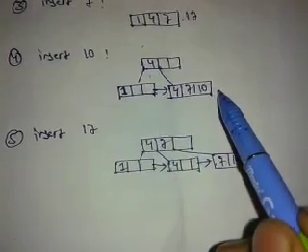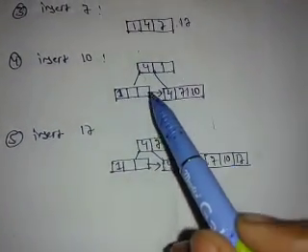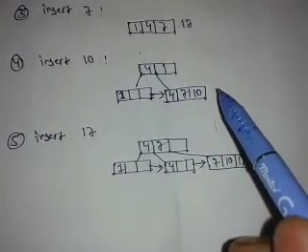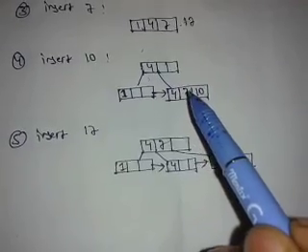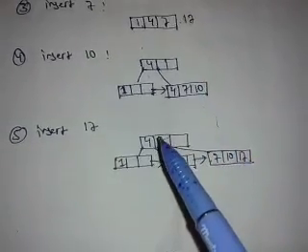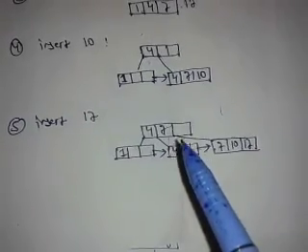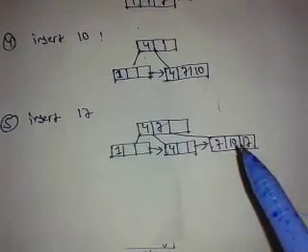If we insert 17 after 10, it also violates our condition, because the maximum number of elements in this node can be only 3. So we need to find the middle element, which is 7. Now put 7 upward, and same thing, just copy down. After 7, 10 and 17 are there.